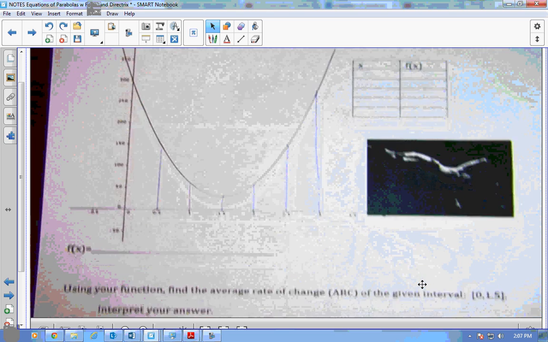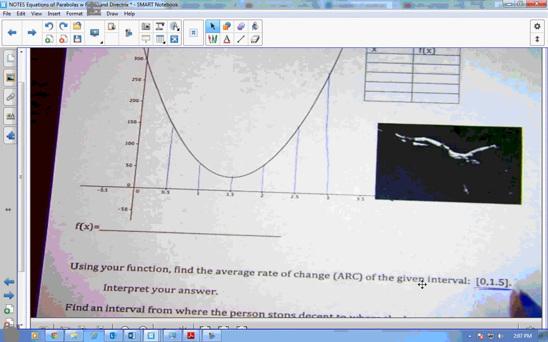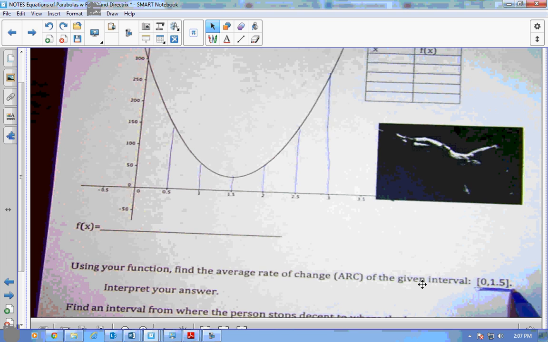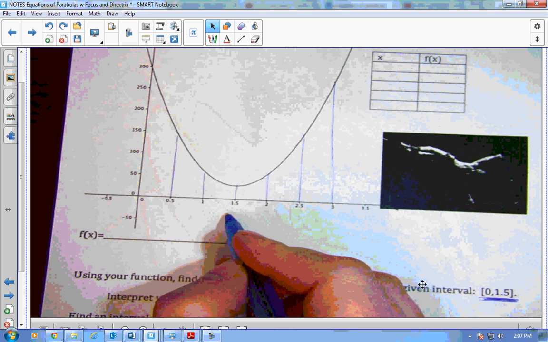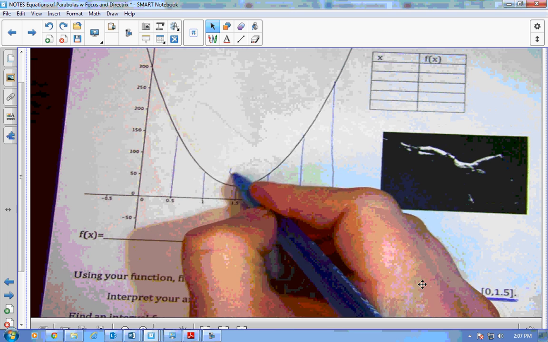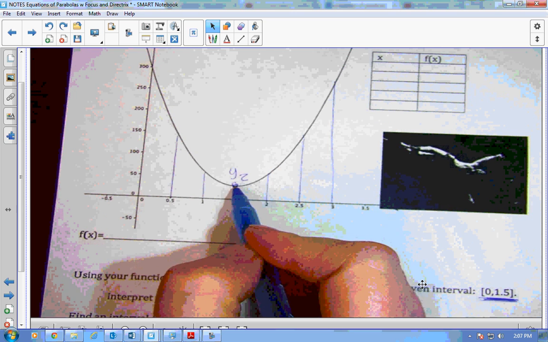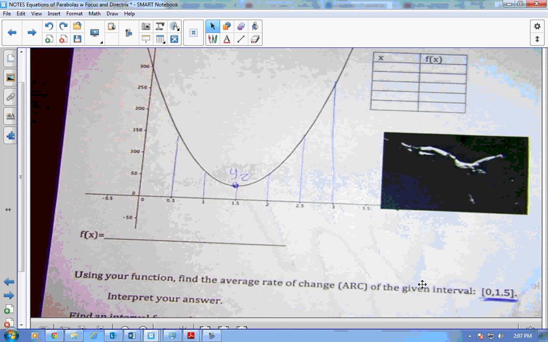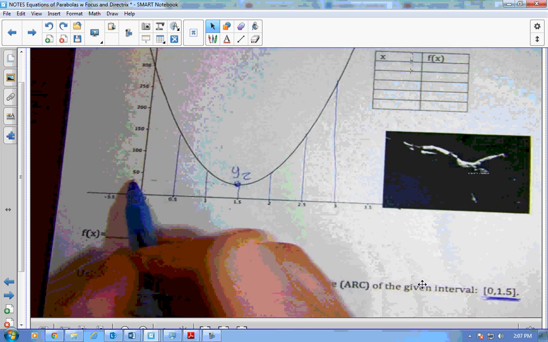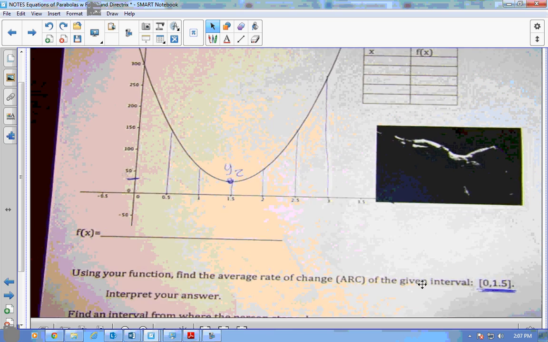Really quickly, it says from 0 to 1.5, well, how high is the graph at 1.5, because that's going to be your y2. How high is that graph? Approximately maybe 40.